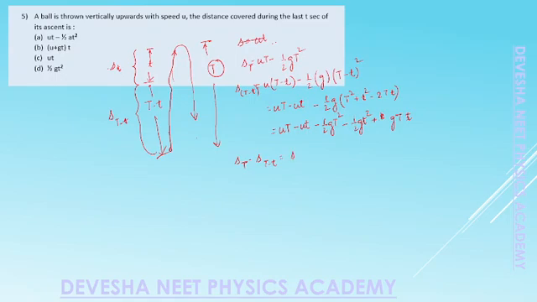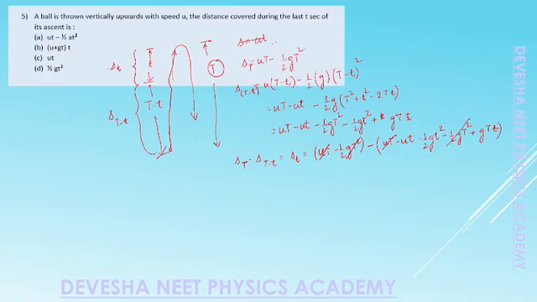This is equal to uT minus half g T square, minus uT plus ut plus half g T square minus half g t square... the uT cancels, and the half g T square gets cancelled here.